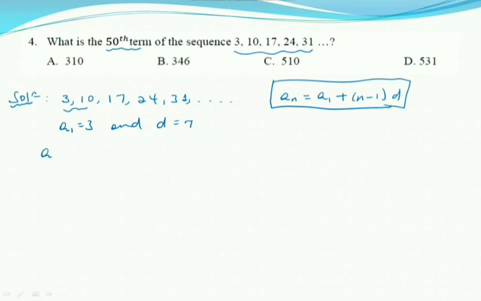So the 50th term is equal to the first term plus 50 minus 1 times the common difference. The first term is 3, 50 minus 1 is 49, and the common difference is 7. So this is 3 plus 49 times 7, which is 343.